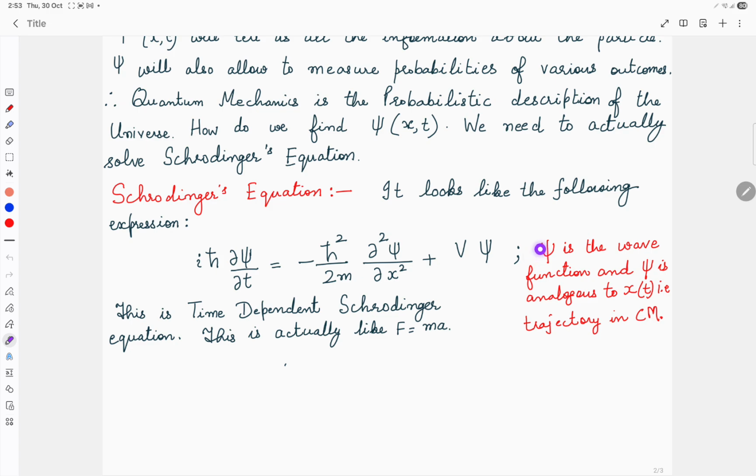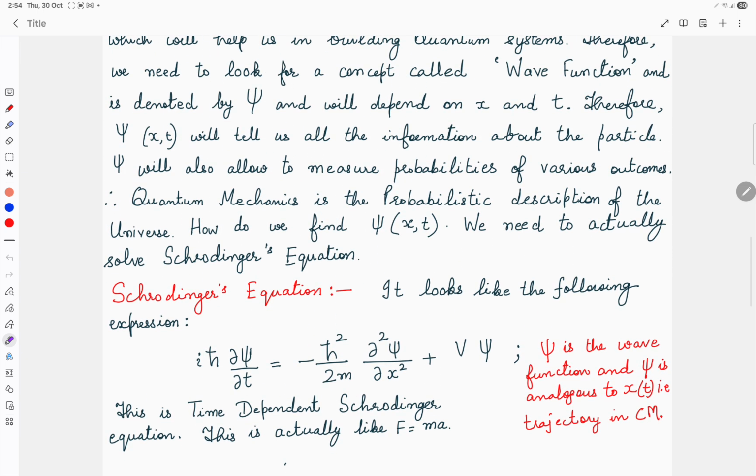We are trying to find the wave function, or the information about the system, but we will find psi by solving this equation only in terms of probabilities, not with certainty. So this is just the introduction of the Schrodinger equation.